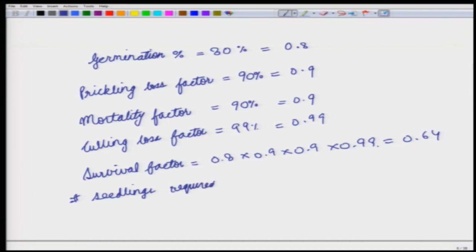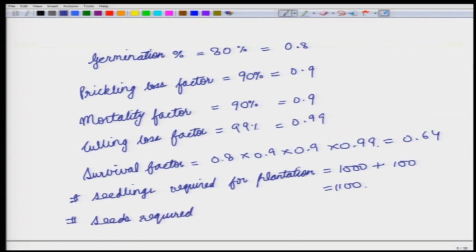Now, the number of seedlings required for plantation is 1000 plus 100, which we include as the casualty replacement. So, this is 1100. So, the number of seeds required will be given as the number of seedlings divided by the survival factor.